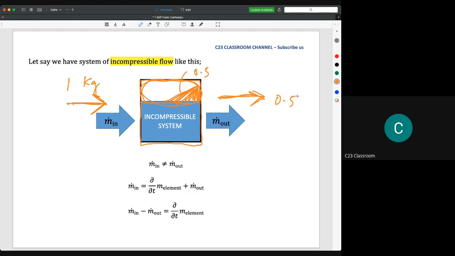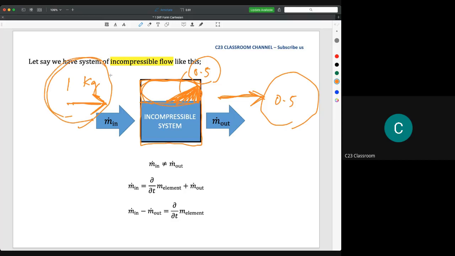flow out. So means that here we cannot say that mass flow rate inlet is equal to mass flow rate at outlet, because in reality 1 kilogram here is not equal to 0.5, because we know that another 0.5 is remain in the system. So we learn about the basic idea of the conservation of mass.